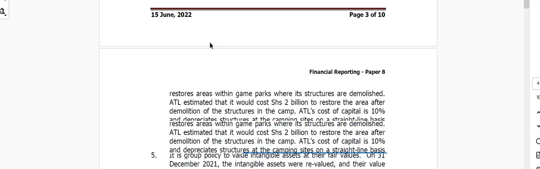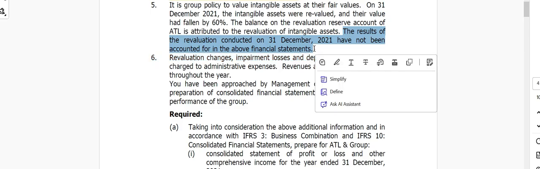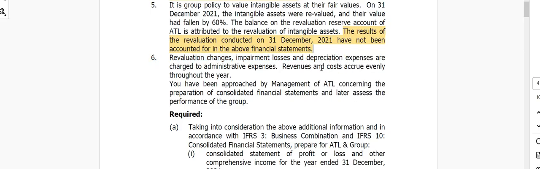There is a balance on the revaluation reserves account of the parent, 1,500. It is attributed to intangible assets. The results of the revaluation conducted on 31st December 2021 have not been accounted for in the above financial statements. So you have to account for the revaluation.